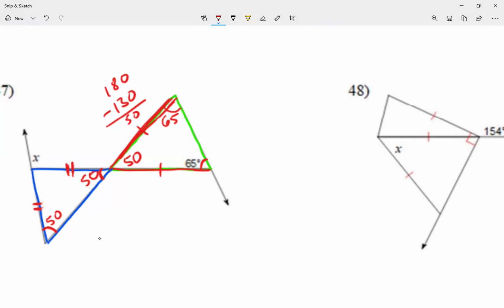In that blue triangle, I know two angles, 50 and 50. If I combine it, 50 plus 50 is 100. Let me subtract that from 180. So I'm going to find out that the third angle is 80. Now, I see angle 80 and I see angle X. Combined, they seem to make half of a circle, right?